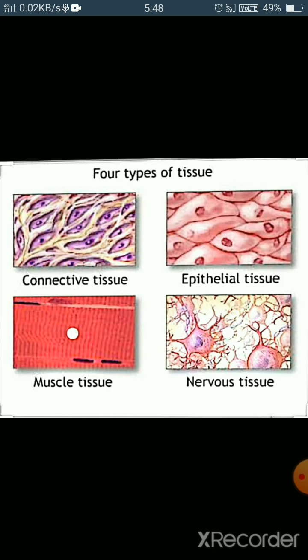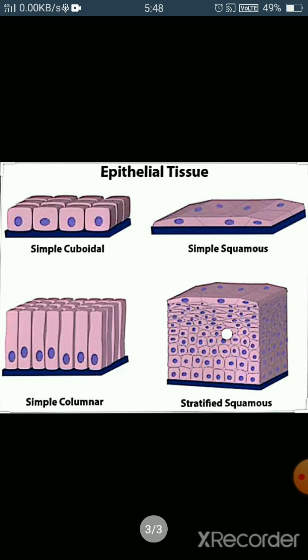So first we will discuss epithelial tissues. Epithelial tissues are of four types: simple cuboidal, simple squamous, simple columnar and stratified squamous. Epithelial tissues help in covering and protection.